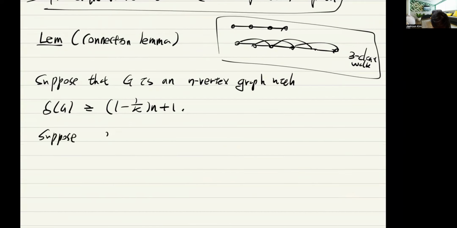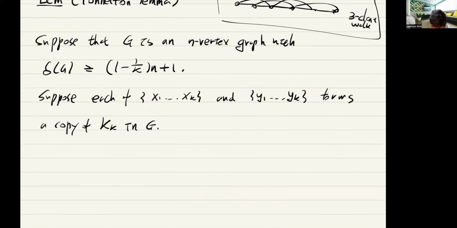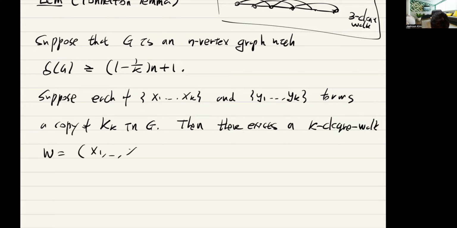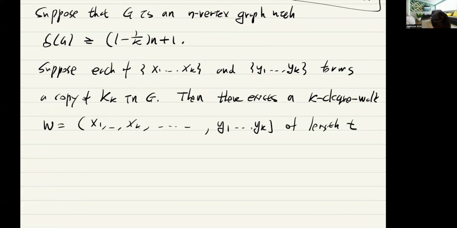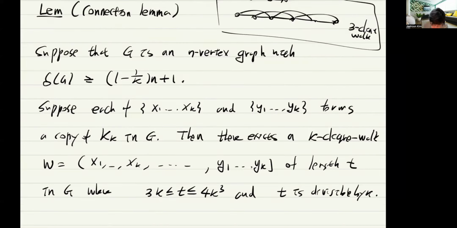And suppose x1 to xk and y1 to yk, each of these forms a copy of a k-clique in G. And we want to show that there exists a k-clique walk W, which starts with x1 to xk and ends with y1 to yk, of length t in G, where this t is not so large, and this t is divisible by k. So this is a connection lemma.